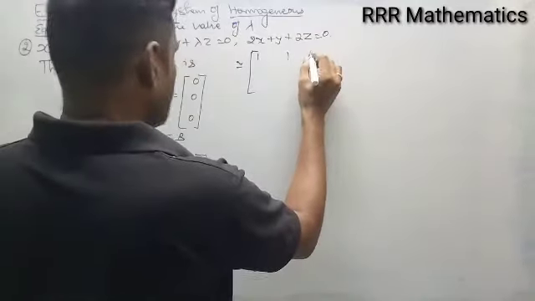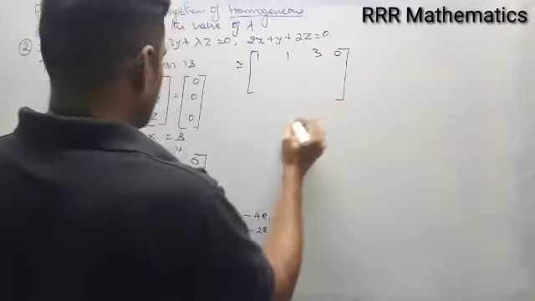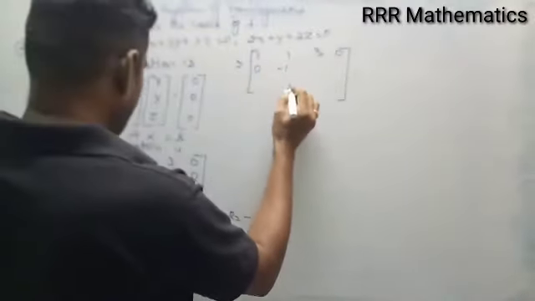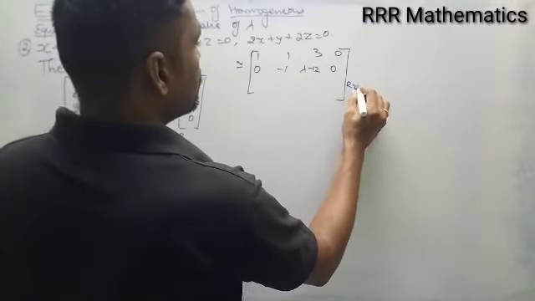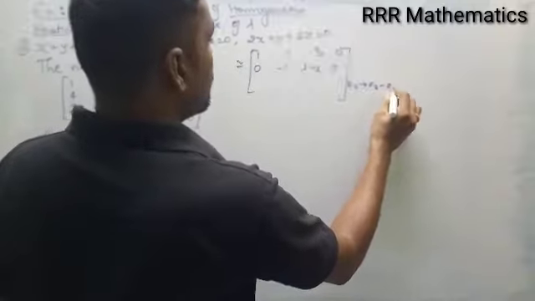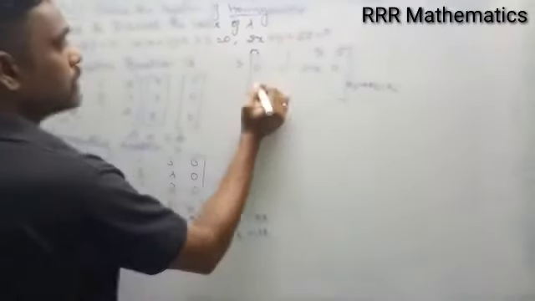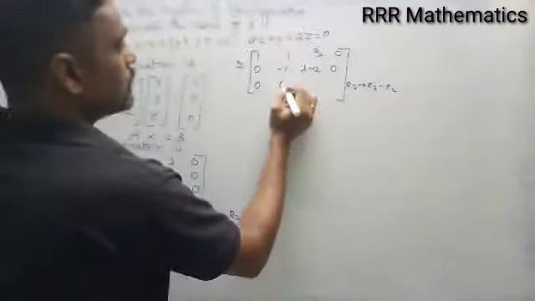Leave the first row, leave the second row. R3 implies R3 minus R2. So 0, 0, and minus 1 plus 1, 0.